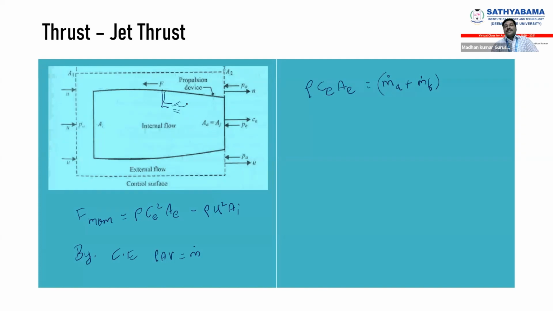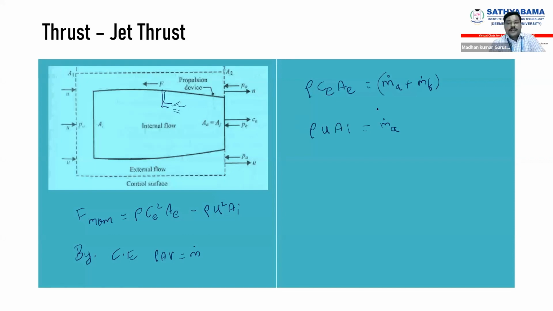That is mass flow rate of air plus mass flow rate of fuel, that is rho C AE. And similarly, what will be the inlet mass flow rate? Inlet mass flow rate is rho U AI. That is your mass flow rate of air only at the inlet. At the exit, we have mass flow rate of air plus fuel. So this is the case.